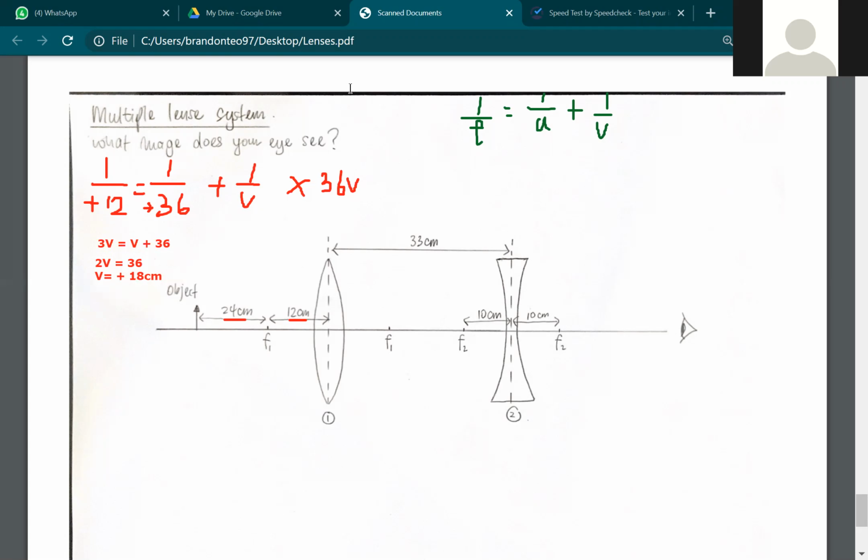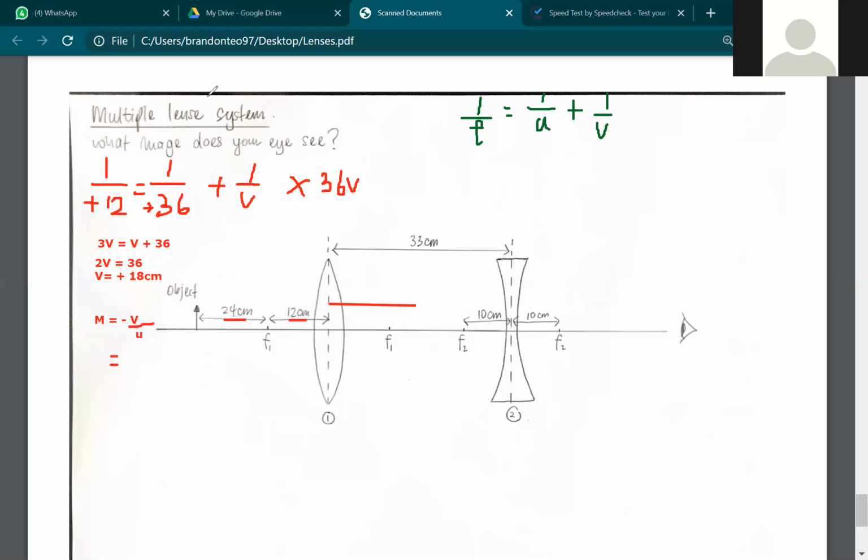So where is it? Let's draw it up. Positive 18. So the focal length 这里是 12, and the image is somewhere here at 18. Now is it upright or inverted? We don't know yet. So we are going to do the magnification. Magnification 等于 减 v over u.